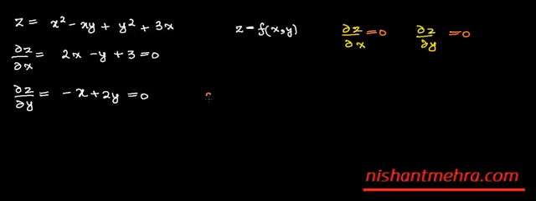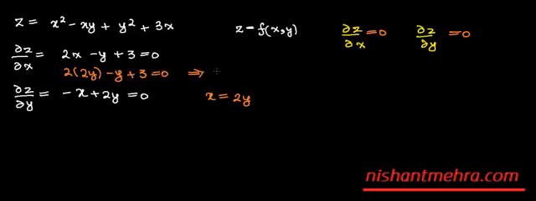Now when these two equations are set equal to 0, from the second equation you have x equal to 2y. This is what you get from the second equation. Now if you substitute this x into the first equation, in place of x you can write 2y minus y plus 3 equal to 0.